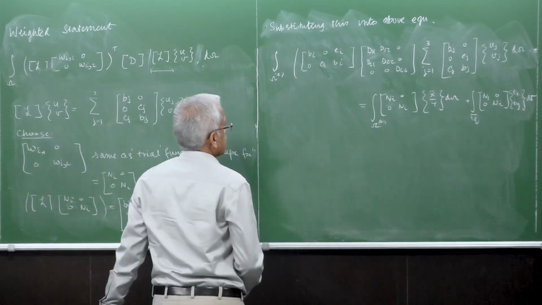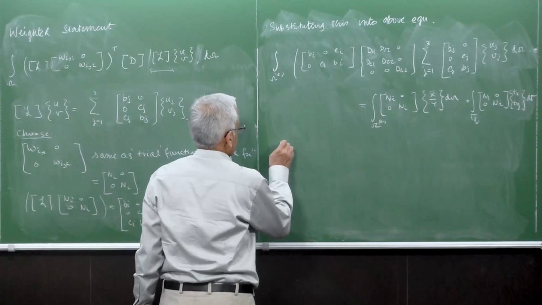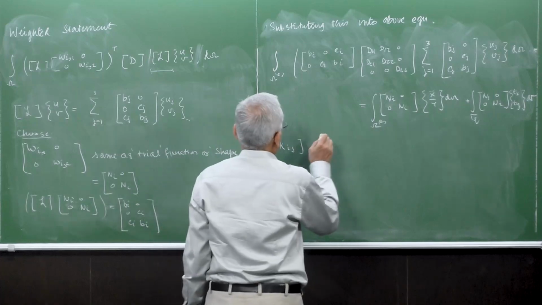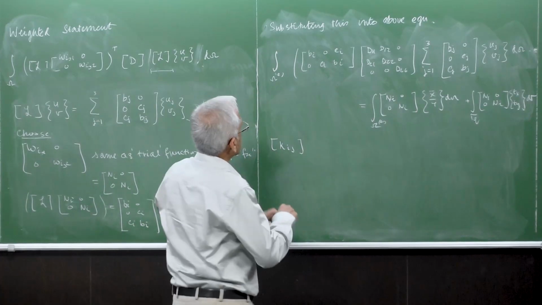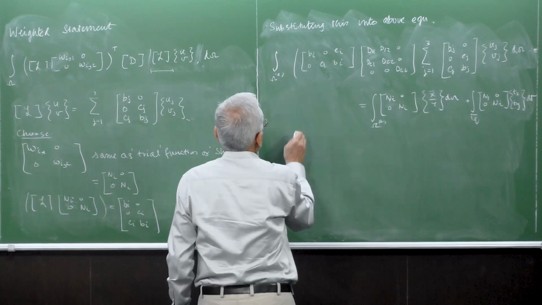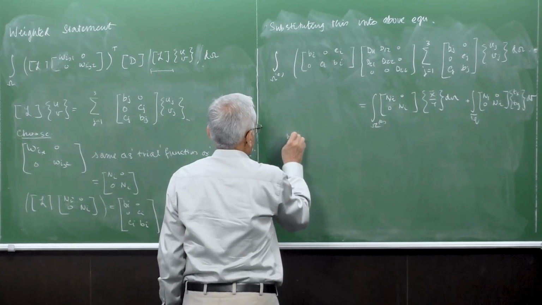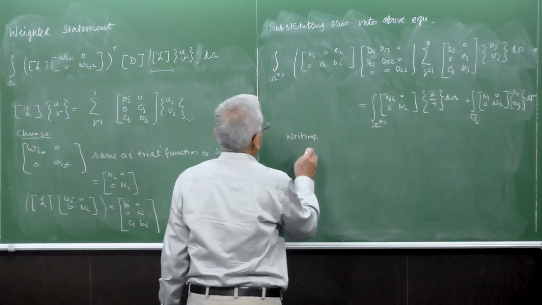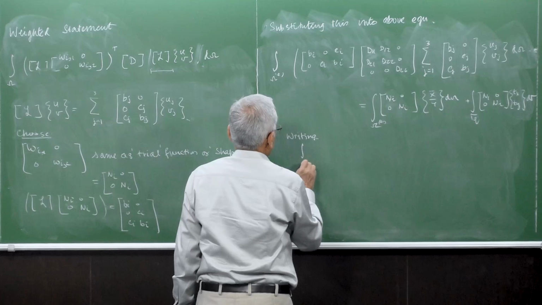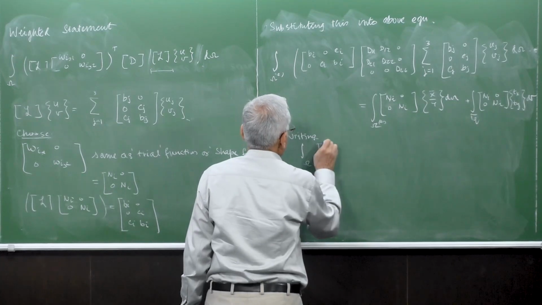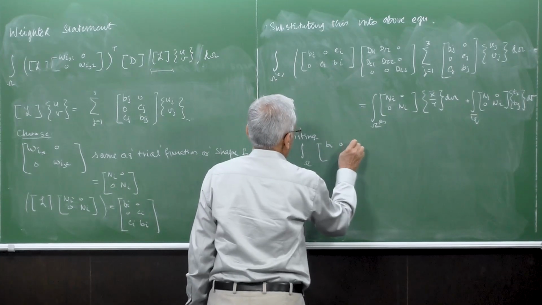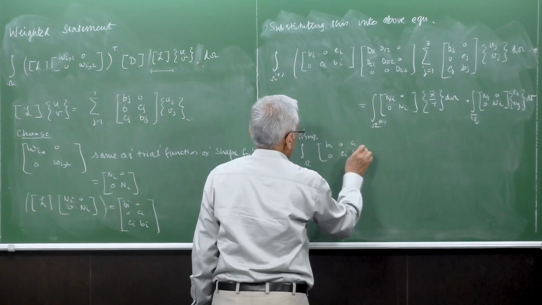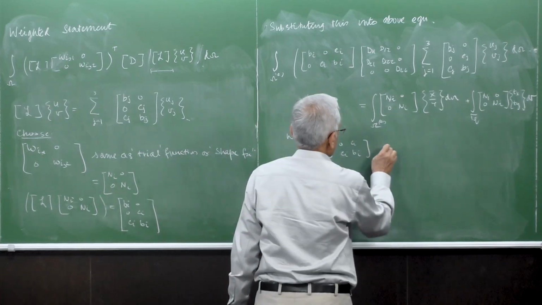So simplifying, we will write everything as Kij, and we will replace the whole thing here.